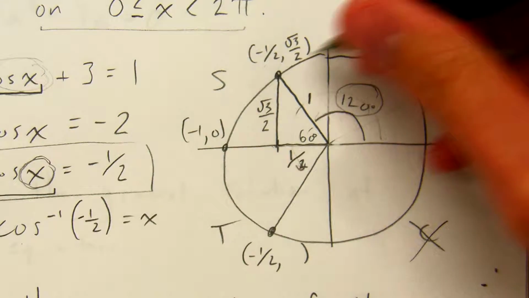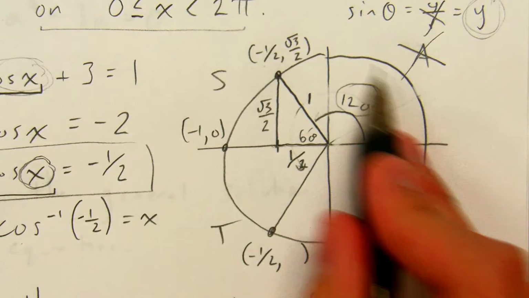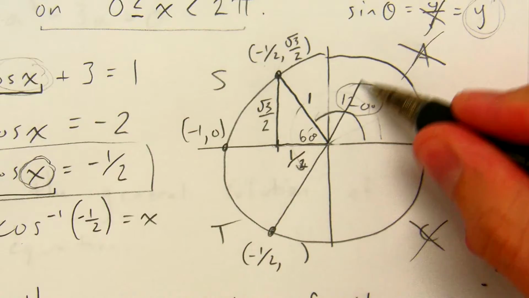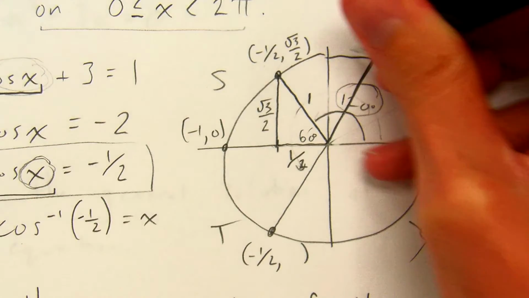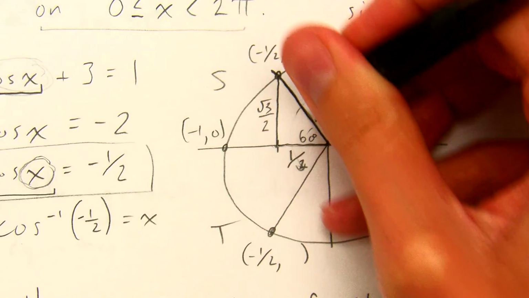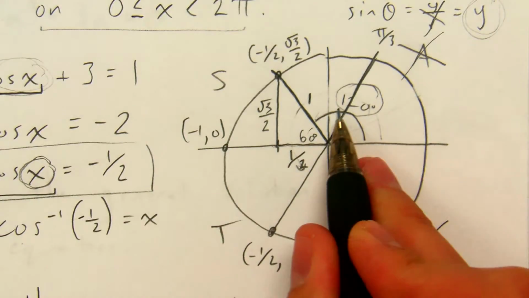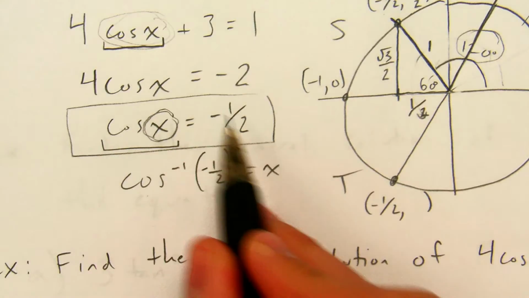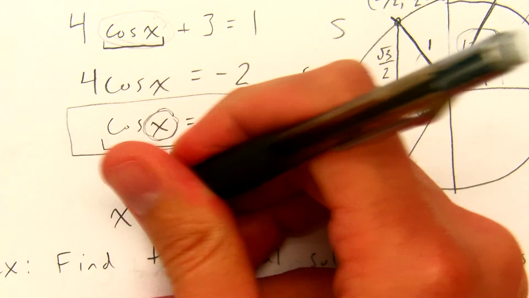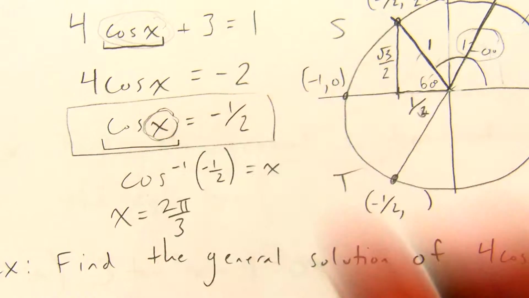From here to here is pi. So this is 1/3 of the way, pi over 3. This is 2/3 of the way, 2 pi over 3, which is also what we get if we convert 120 to radians. So one of my answers for x is that x equals 2 pi over 3.